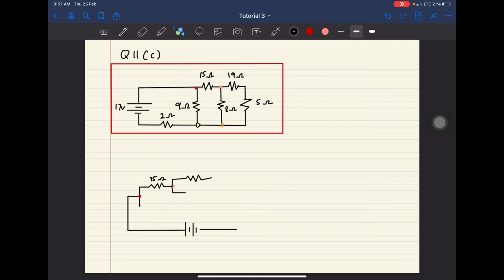So this one is 19 ohm, and then after that 19 ohm dia meet up dengan yang 5 ohm pula. Oops, sangat buruk. Okay, better. So yang 8 ohm, and then dia combine dekat orange punya junction.